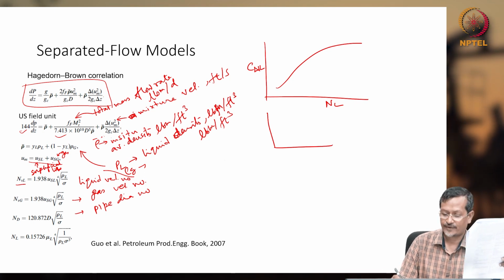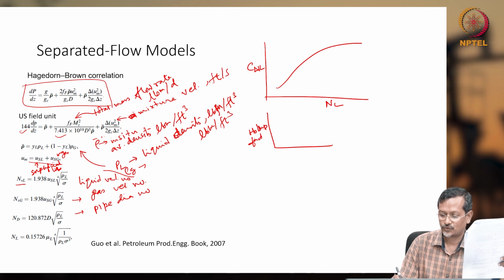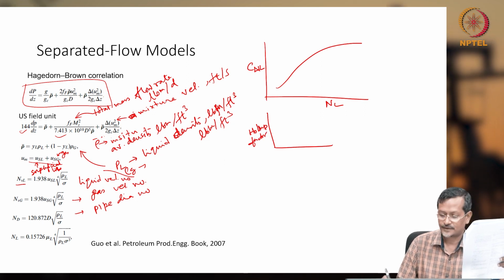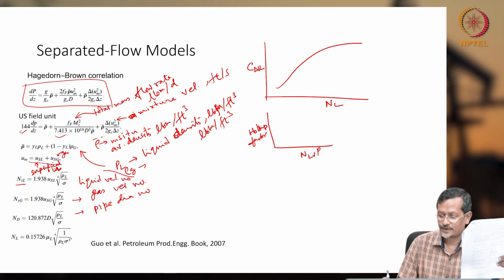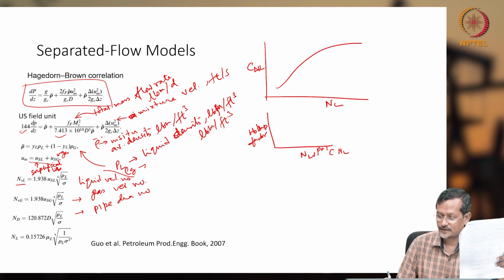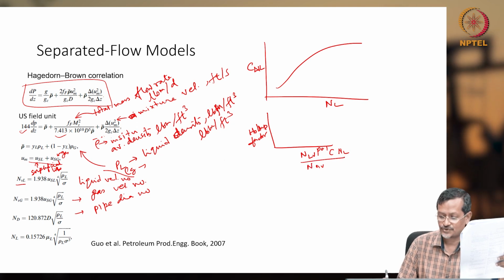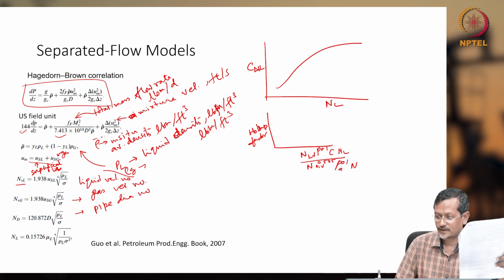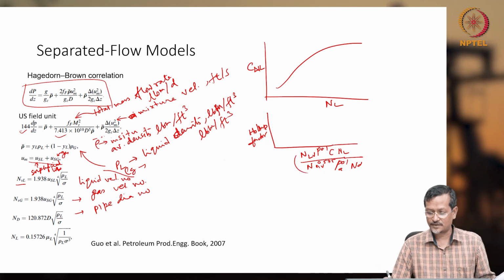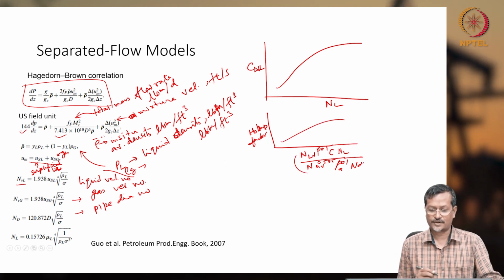Another is the holdup factor, with NLV, P, 0.1, CNL, divided by NGV to the 0.575, P, over 0.1, ND. So they developed this sort of big formula and some curves.